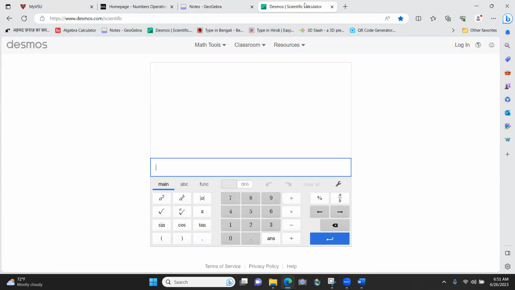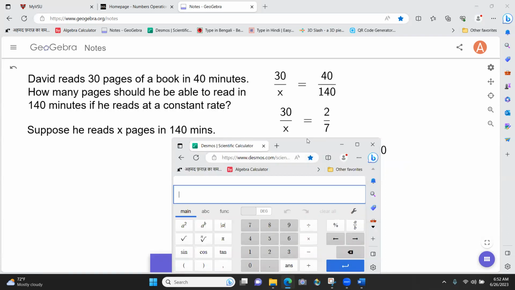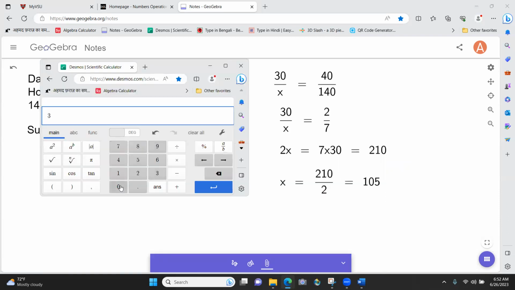I'm going to go back and show you 30 over 105. That's what we got. 30 over 105 is a small number, 0.28. It's a fraction, sure. And that should match, if I'm correct, of course, 40 over 140.